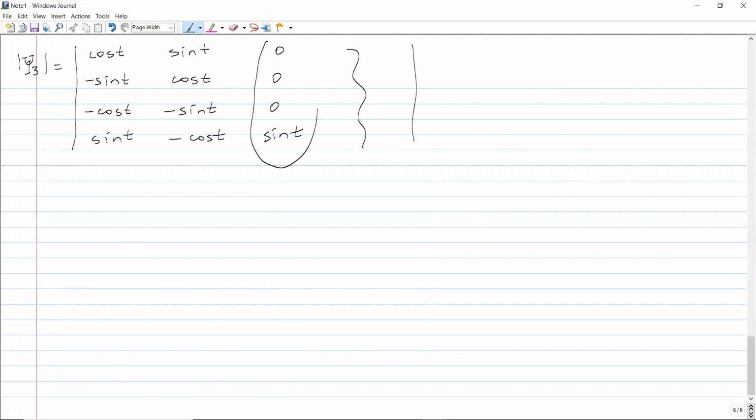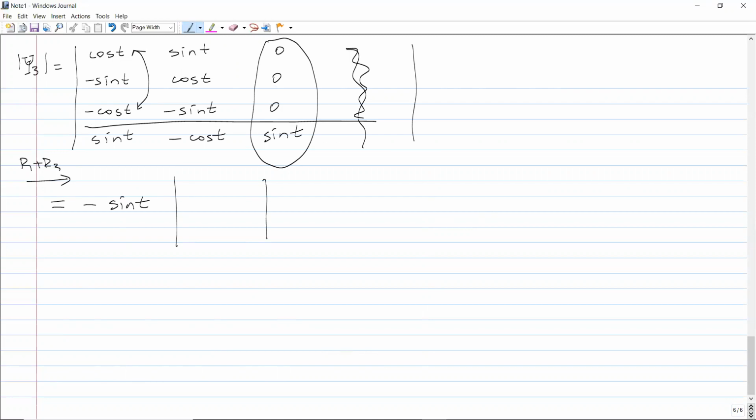So we expand using the third column. The signs go plus, minus, plus, minus. So minus sine t times some 3 by 3 determinant. It comes from these 3 rows and the part here. And again, you use the operation of adding the first row to the third row to simplify your determinant and evaluate it.